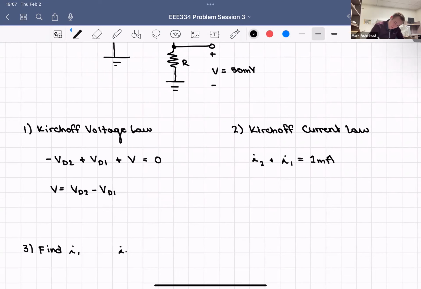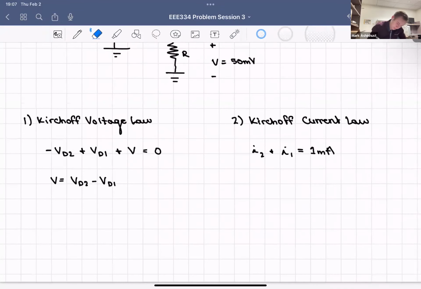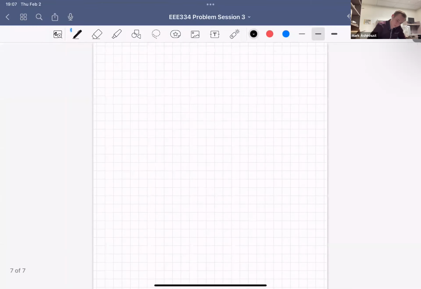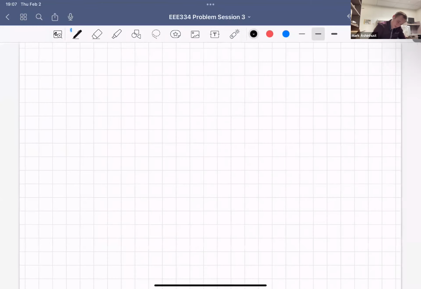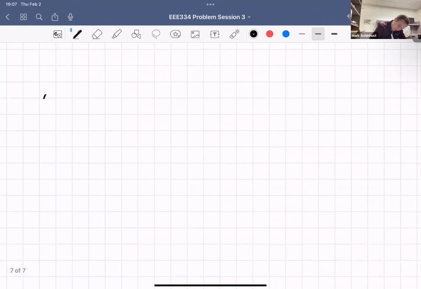Finding I1, we'll just use the equation. We know the equation for that, and that's going to use the IS, right? So we have I1 equals IS e to the VD1 over VT.